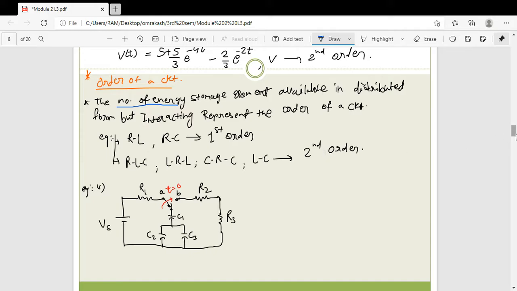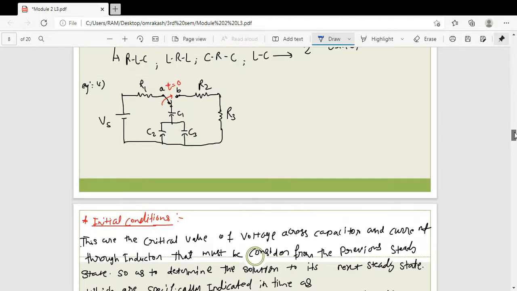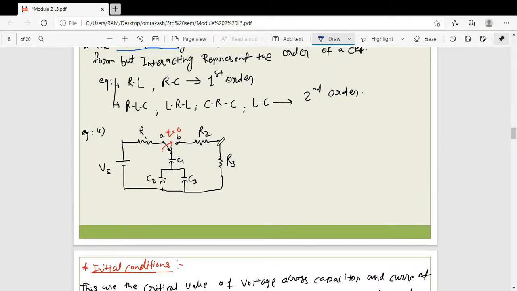Now see here, tell me, what type of circuit is this? Is this first order or second order?